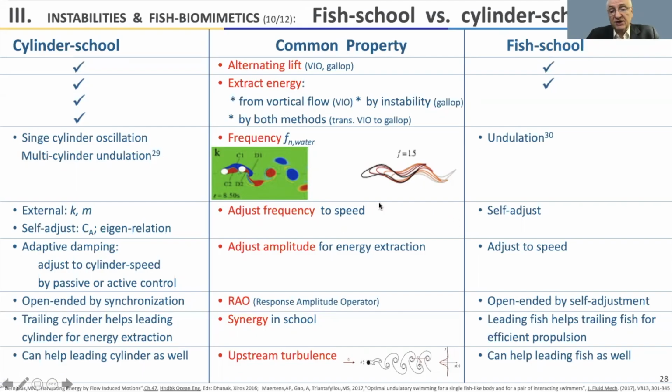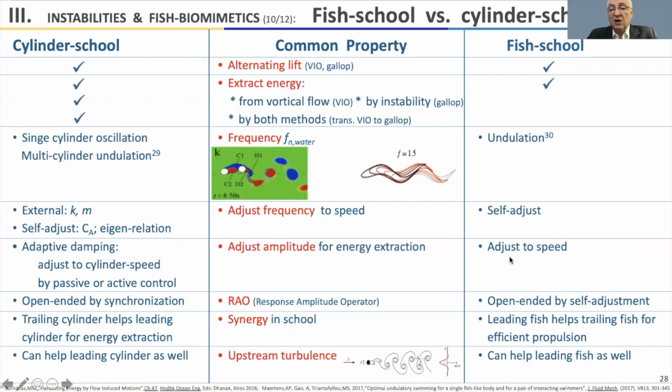One, of course, is the external, depending on stiffness and mass, based on the eigenrelation that we derived last year. And the other one is self-adjustment, because the oscillator in vortex-induced vibrations has to satisfy the eigenrelation. So once you select the frequency of oscillation, then the properties of the oscillator, specifically the added mass in relation to the mass of the body, the oscillating mass of the body, is specified.